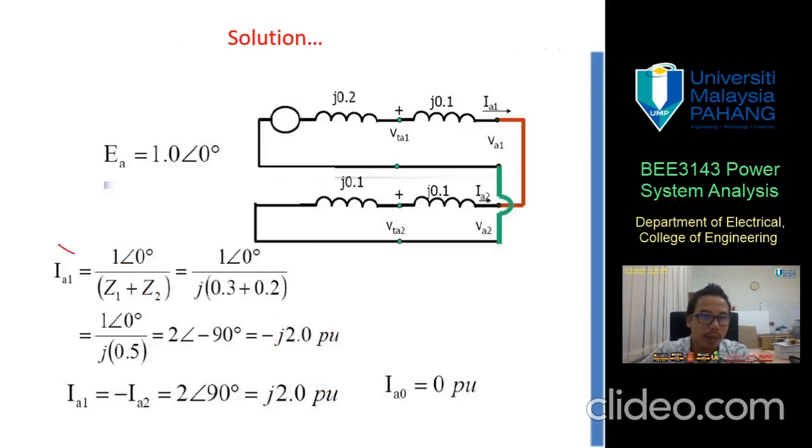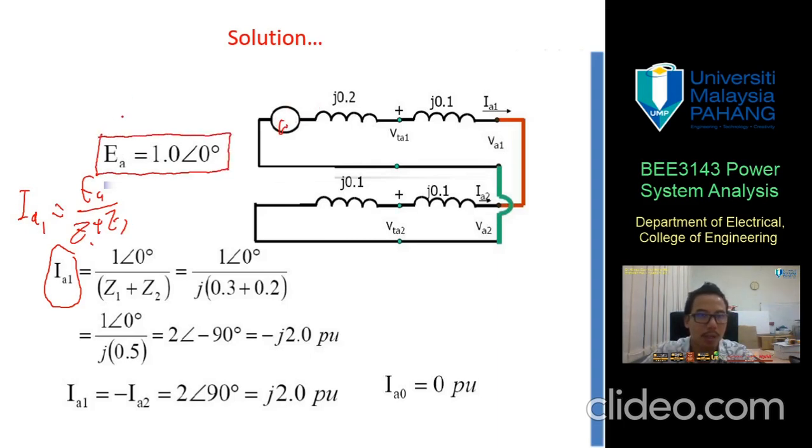As usual, we find the IA1 that I told you. It's very easy: EA over Z1 plus Z2. Because the value is not given, this is a very basic assumption for the initial value: EA equal 1.0 and the phase is 0.